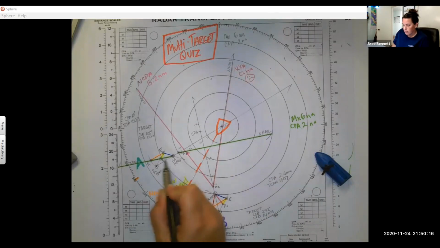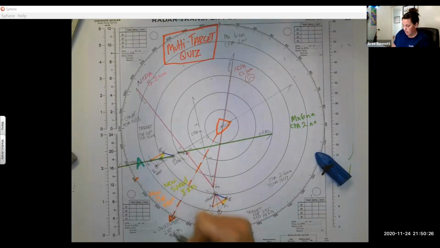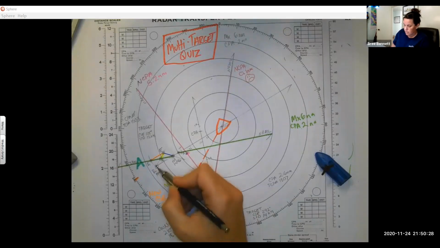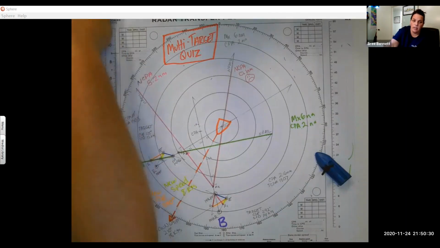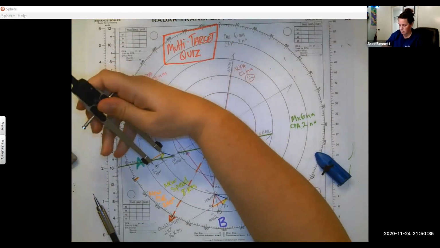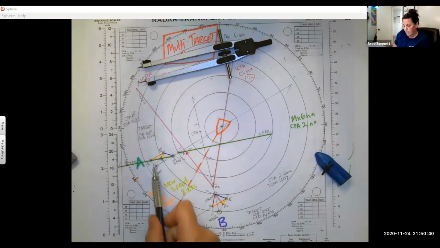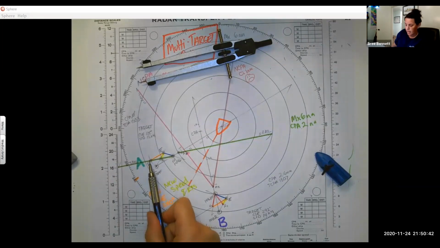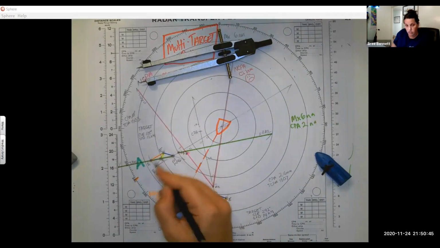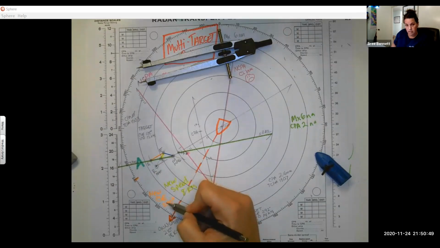If I maintain speed, my speed of 18 knots, I swing my arc over at 18 knots clockwise to starboard. Wherever it crosses that green line, that's going to be my R prime for my course change. So this orange line is going to be my new E to R for the course change.